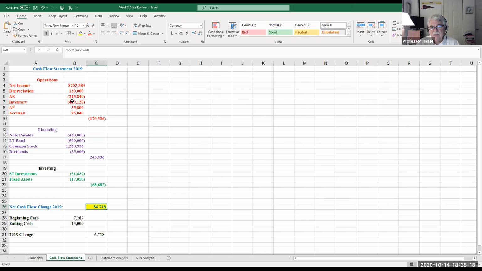Profits, working capital changes, payments of debt, the issuance of stock, the paying of dividends, money going out in short-term investments, money going out to purchase fixed assets or property, plant, and equipment. It gives us a snapshot for a year of how money, cash, capital, euros, pesos, rubles came in and out of a company.